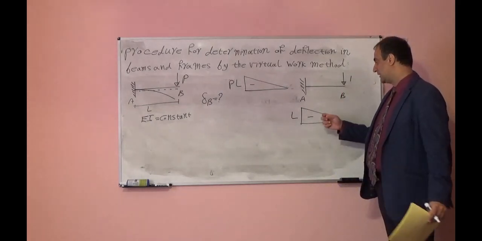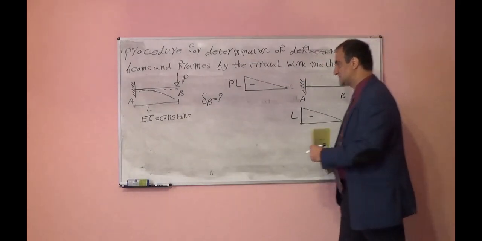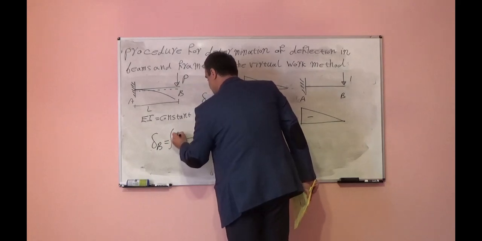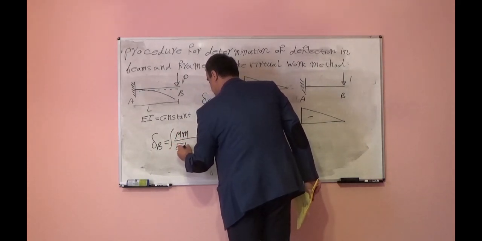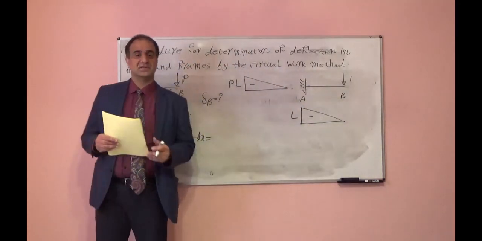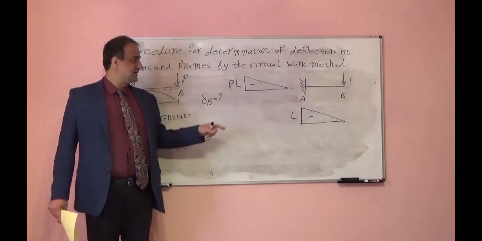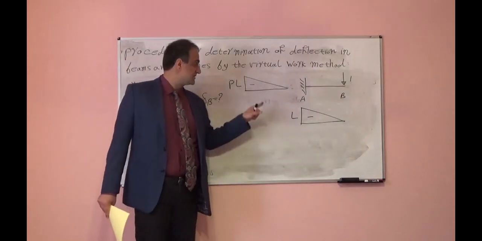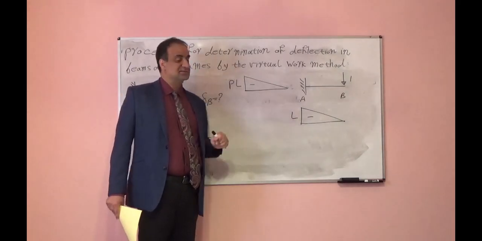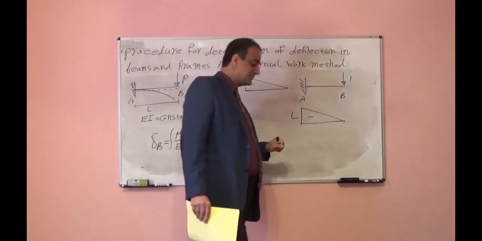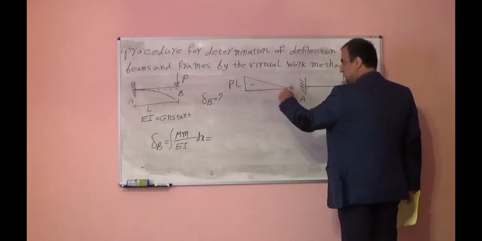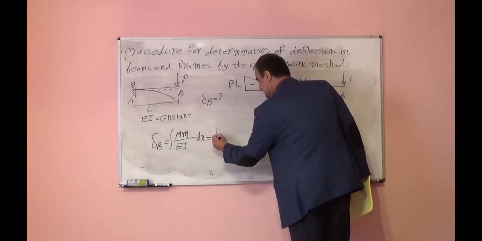Now I will multiply these moment diagrams because the formula delta B is equal to integration m over EI times dx. If we look at the virtual work integration table, you will see if the moment diagram under real load is triangle shape, and under virtual load it is again this kind of triangle, and maximum magnitude both of them in one side, the coefficient for integration is 1 over 3.